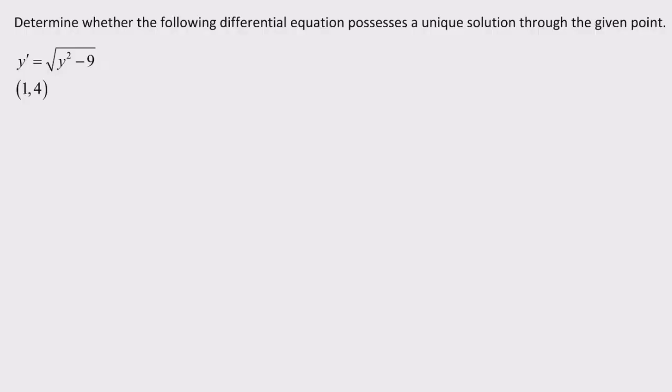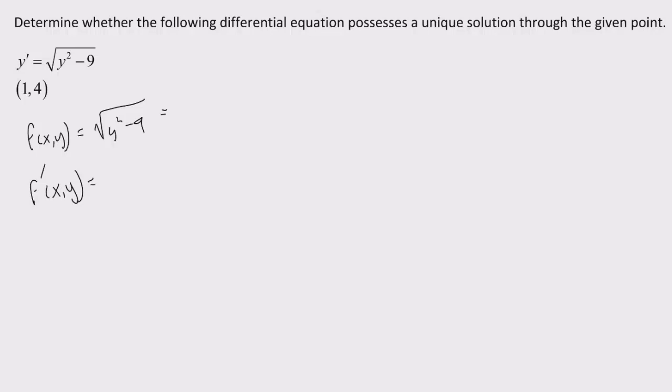All right, determine whether the following differential equation possesses a unique solution through the given point. Okay, so this is asking us to think about that rectangular theorem where we were looking at the function and its derivative and identifying domain restrictions dealing with that. So if we say f of x,y is equal to the square root of y squared minus 9, what about f prime of x,y?